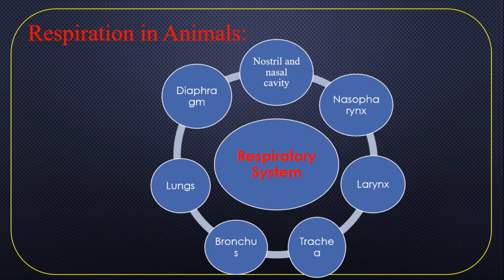You know, the human respiratory system is formed mainly by 7 parts. Number 1, nostril and nasal cavity, nasopharynx, larynx, trachea, bronchus, lungs and diaphragm.